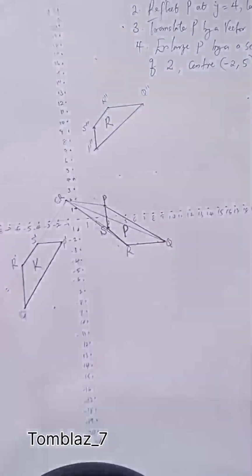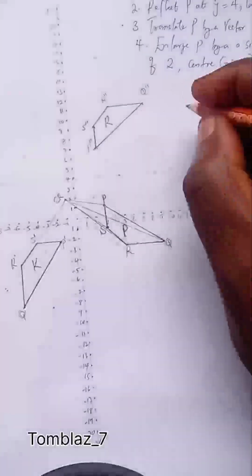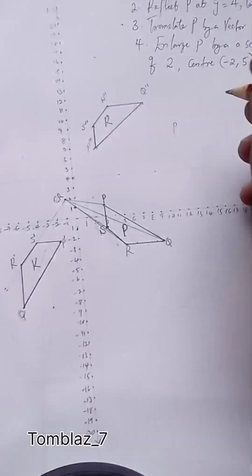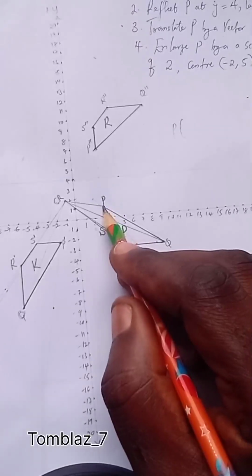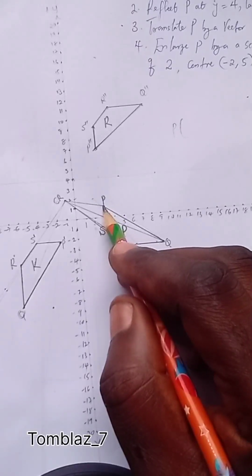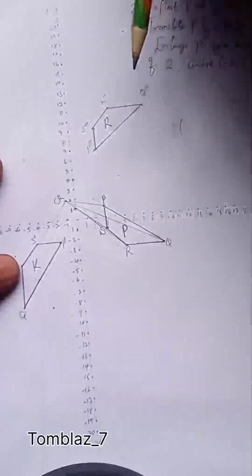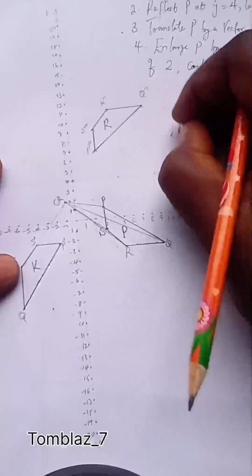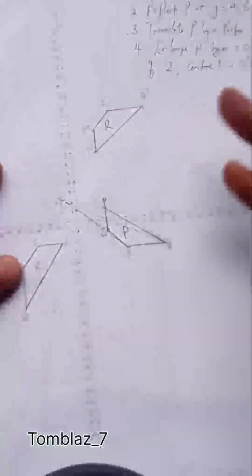First and foremost, we know the vertices of this shape for P. Let's just translate it directly on the image. I wanted to do it here, but it will be confusing. Let's just do it from the image.